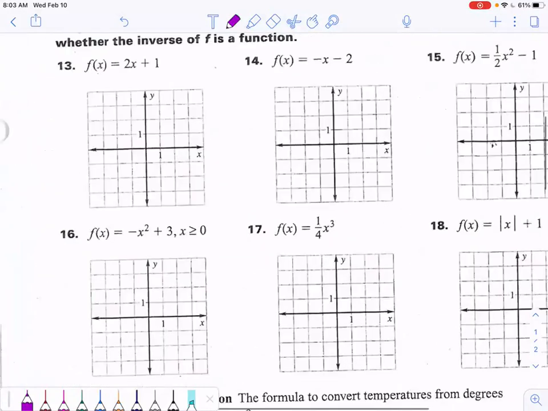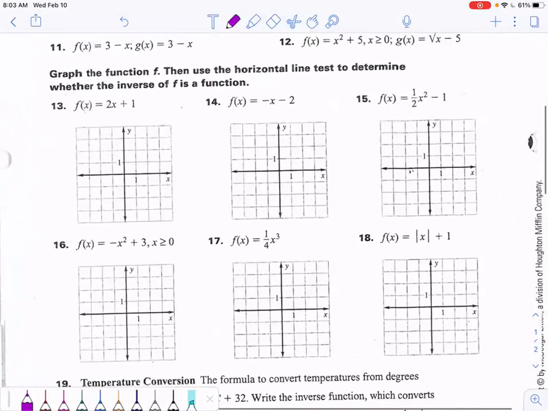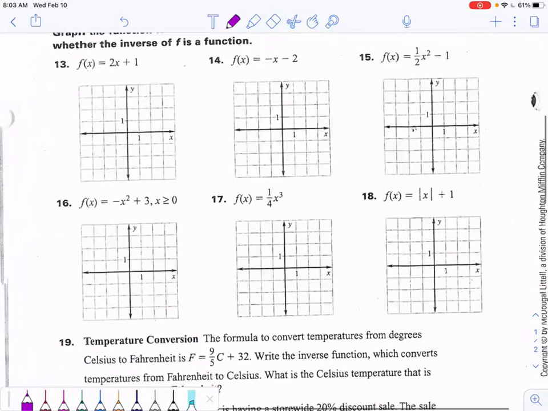The next group of problems, you're just graphing and saying, yes, it has an inverse because it passes the horizontal line test, or no, it doesn't. So 13 to 18, you're making a graph. You don't even need to find the inverse if it has one. You're just saying, yes, this function has one, or no, it doesn't. And then the last problem is a little temperature problem, a little word problem like the one we just did. Questions?